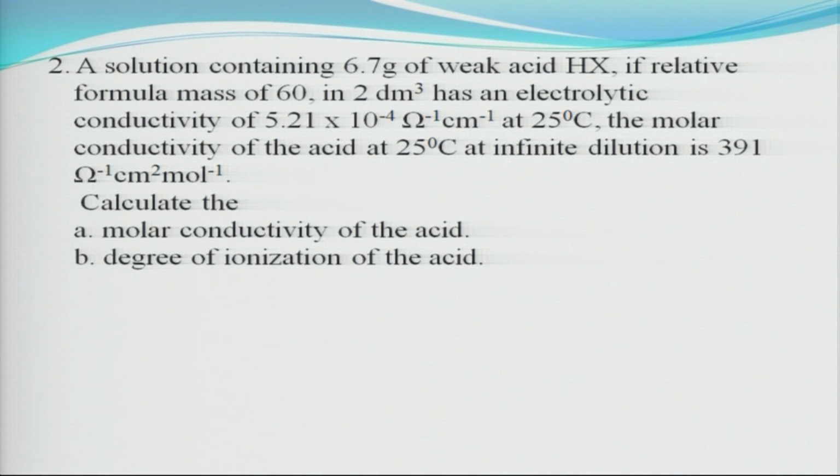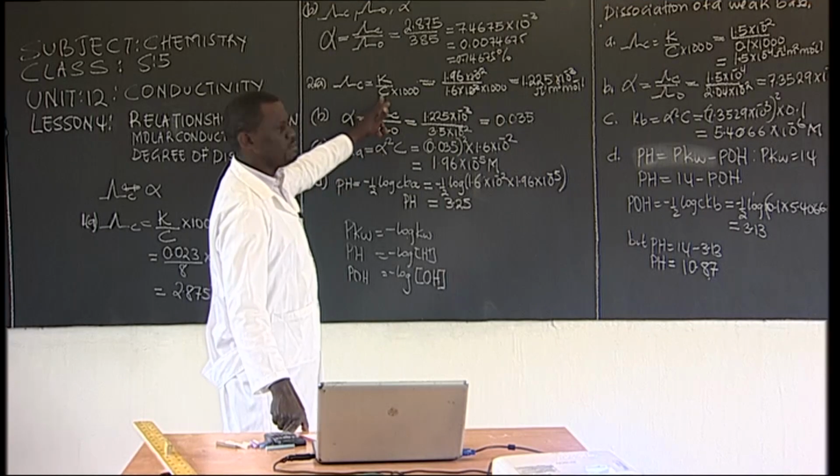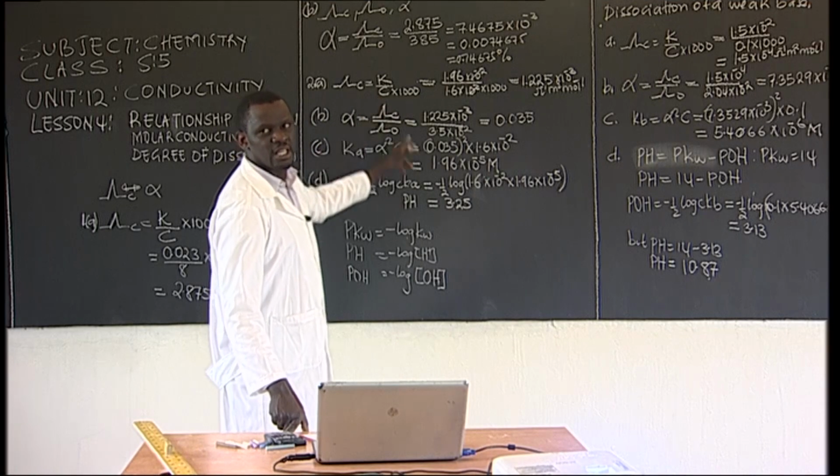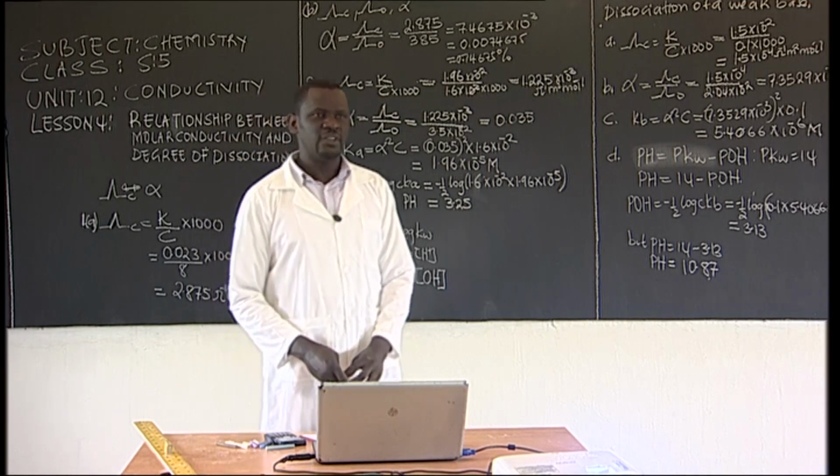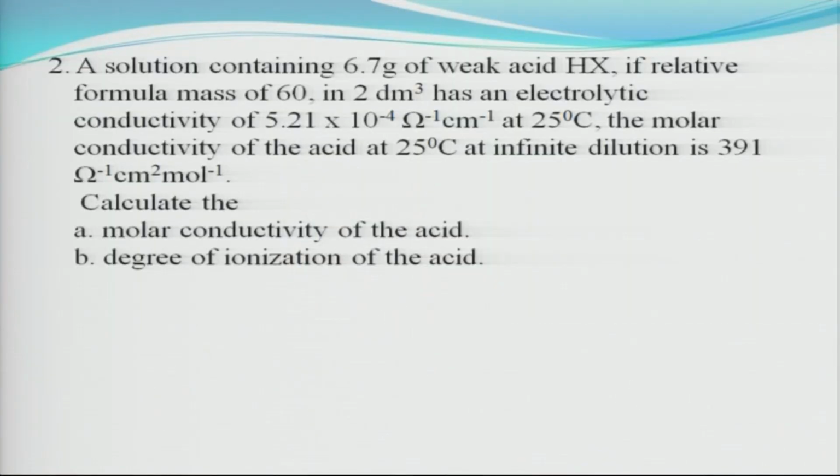So the students are supposed to be able to find the molarity from the volume, molar mass and the grams given. Then the electrical conductivity is given, and the molar conductivity at infinite dilution is given. So you need to find the molar conductivity, then the degree of dissociation, the same way you do it. The first difference here is that you need to find the C.